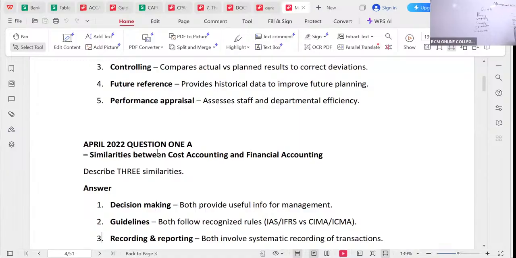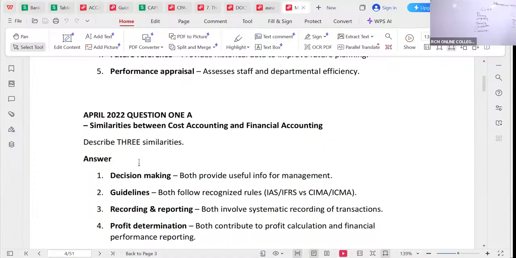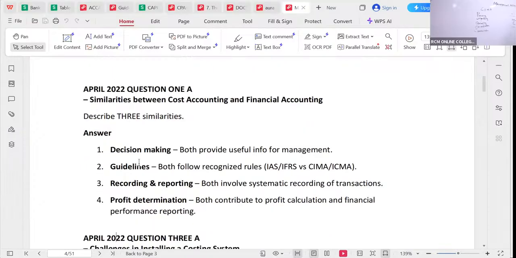Both are useful in terms of recording and reporting. Both involve systematic recording of transactions, profit determination, profit calculation and financial performance. Even costing, because in financial accounting we still have to do cost of sales. Of course, we don't get into granularity, very detailed, but we are still able to do costing there.